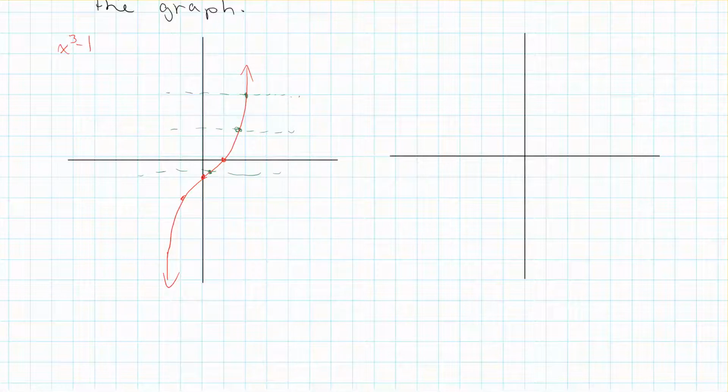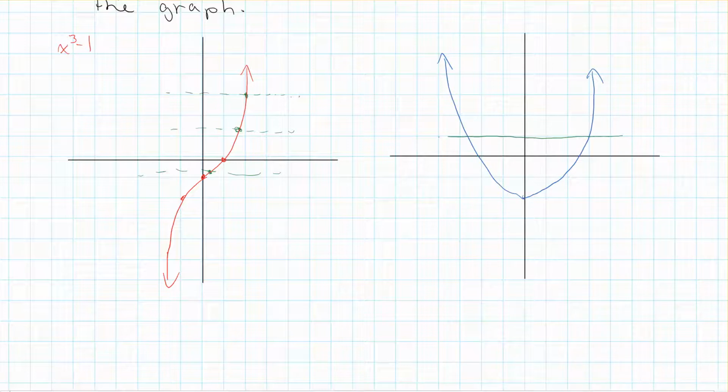Now let's look at another one here. And let's say that this is, I'm not even going to write the equation down for this, but some parabola here. Real quickly, we can see this does not pass the horizontal line test. If I draw a horizontal line here, how many points am I touching? I'm touching 2.